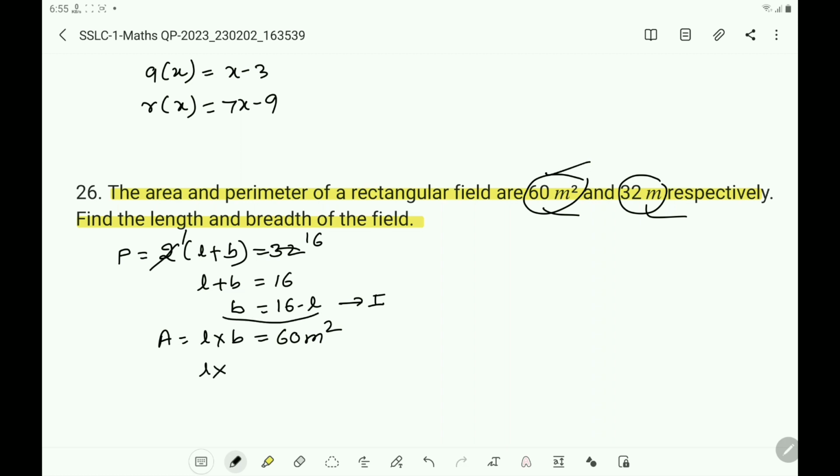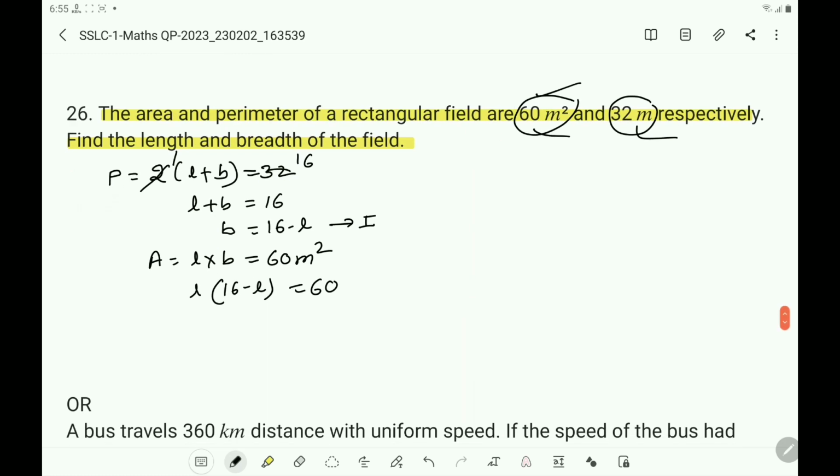L into, in the place of B you write 16 minus L. B is here 16 minus L. Then L into B, B is 16 minus L, which is equals to 60. Now the product of this, L into 16 is 16L minus L into L is minus L square. Then you transfer this 60 to the LHS, it becomes 0, minus 60 after transferring.